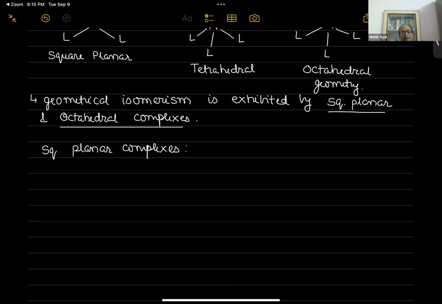Very correctly you said that you need a heteroleptic complex to show geometrical isomerism. For example, if we have all the same ligands, then it is not going to be cis or trans. This is a complex with all four ligands equal. If I try to draw it, this is a square planar complex.